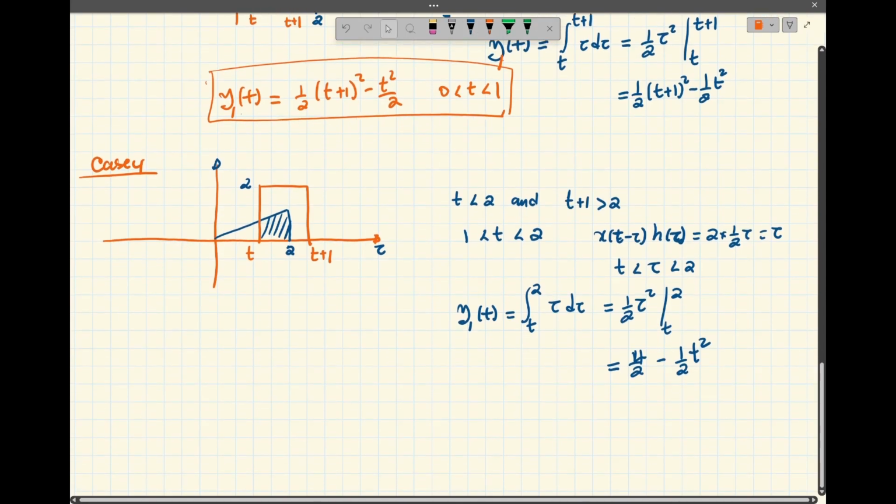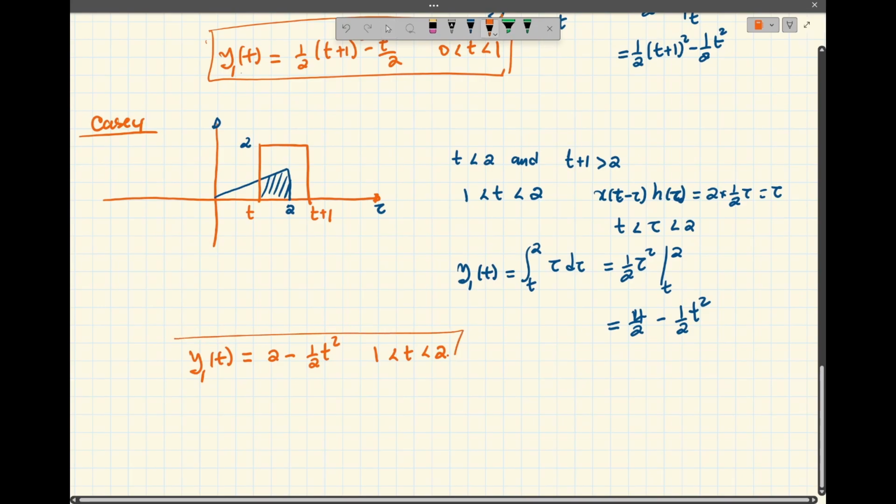So for this case, y1 of t will be equal to 2 minus 1/2 t square, when 1 is less than t less than 2.